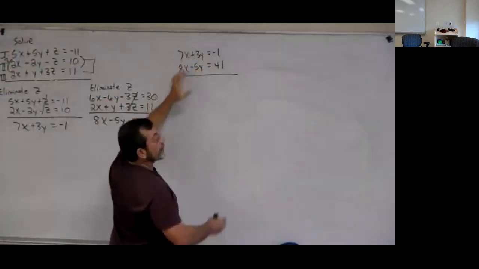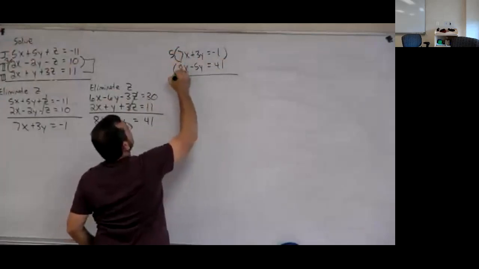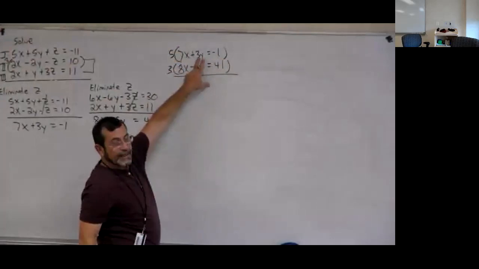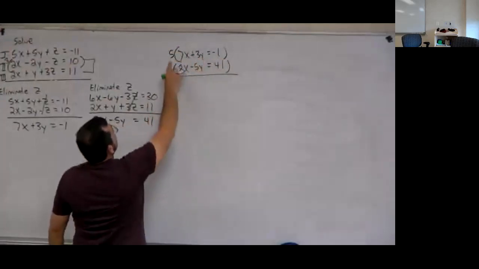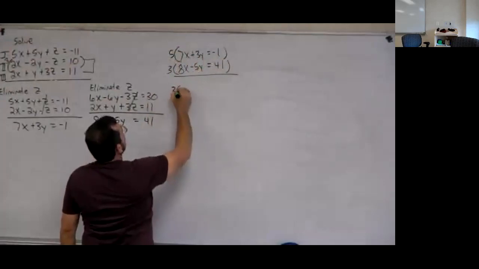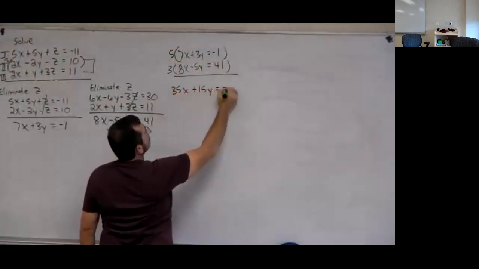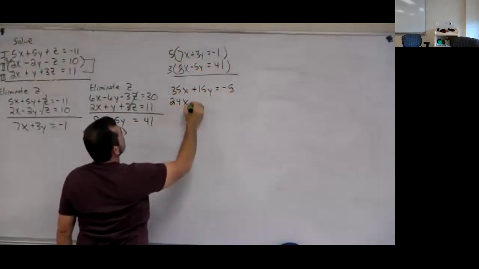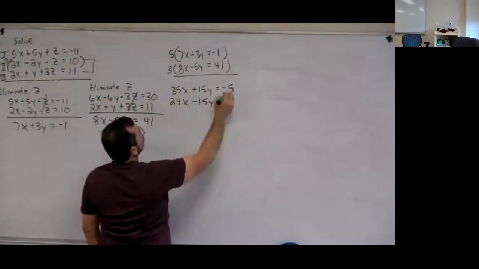So what I'm going to do is multiply this row by 5 and this row by 3. That'll give me a 15y and a negative 15y that I can cancel. All right, so I get 35x plus 15y equals negative 5, and 24x minus 15y equals 123.